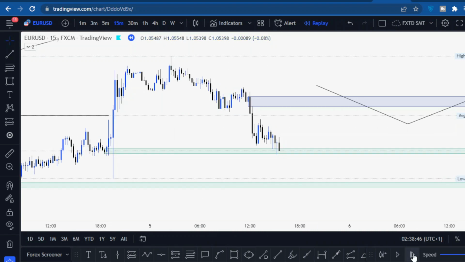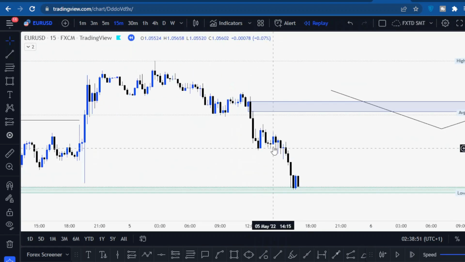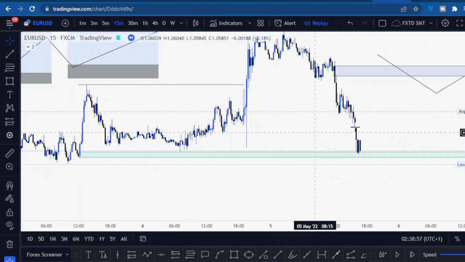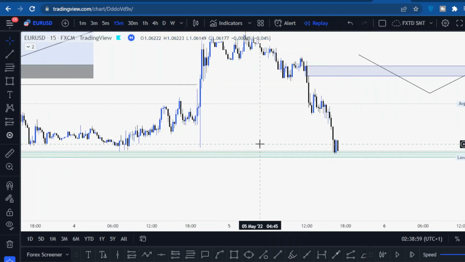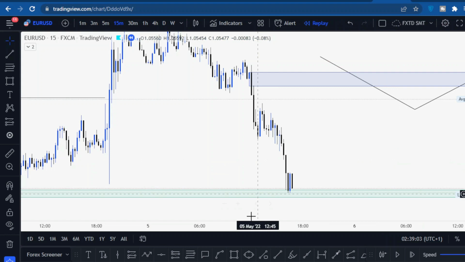Now that failed because price never broke the 15-minute structure. Price has now gone to the next order block that was available, which the indicator has marked out, and we have another one here. So if price retraces to this level, this is a possible area to look for sales.